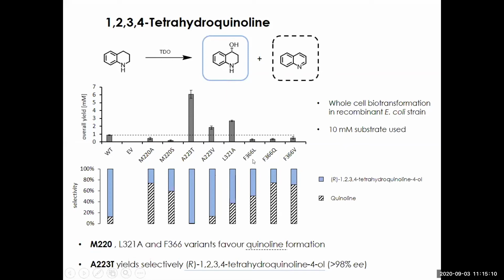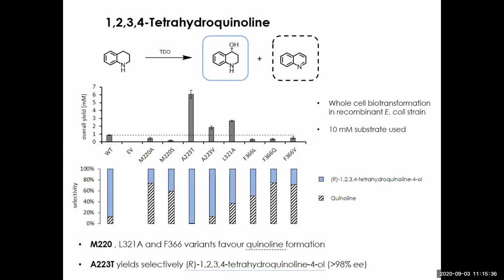And also, the position F366 this time had no influence on the enantioselectivity, but on the product outcome. So again, also here, the quinoline was favored. And for these tested variants, the ee value was above 98%.